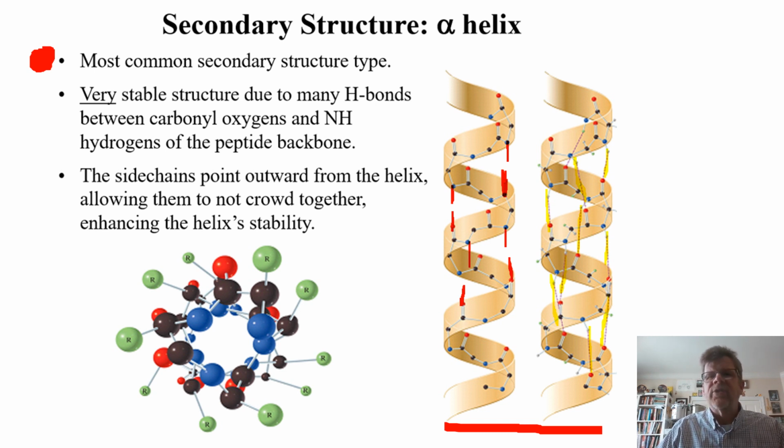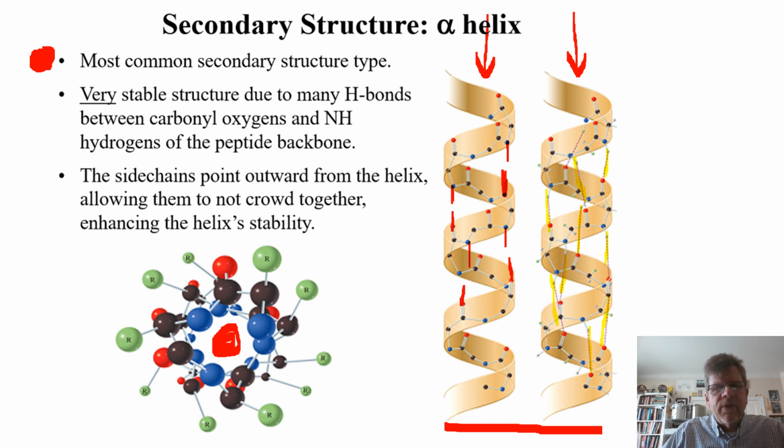If we were to look right down the bore of an alpha helix, as we can see here by these two arrows, what we would see is the structure I have written over on the left, where right in here is that central bore in the alpha helix.